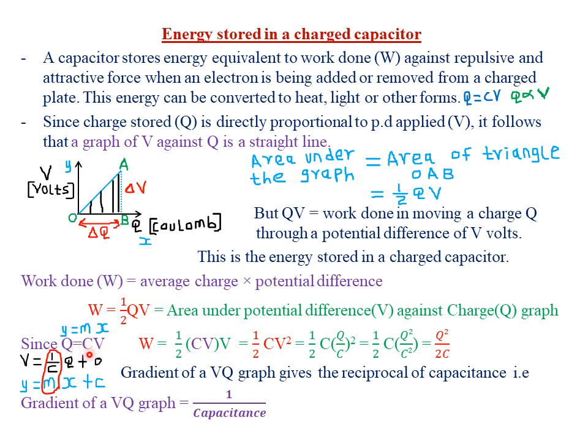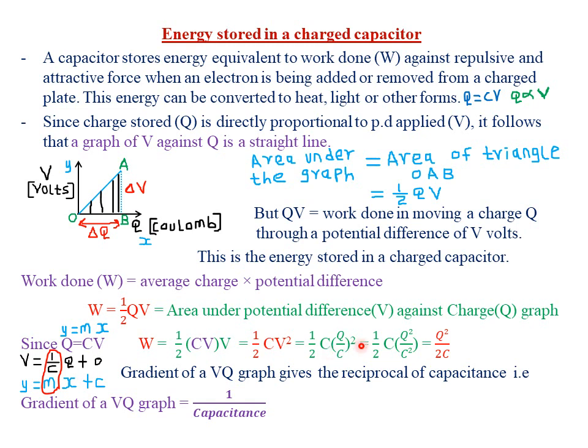So because V is equal to Q over C, I want to substitute it in the place where I have V here, so that this equation will become a half of C times V squared, but my V is Q over C. So this will be a half of C into Q over C, all squared. Remember, Q over C is just representing our V. But because the V was squared, it means we'll also square Q and we also square C.